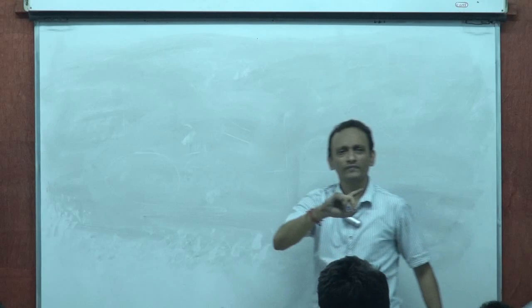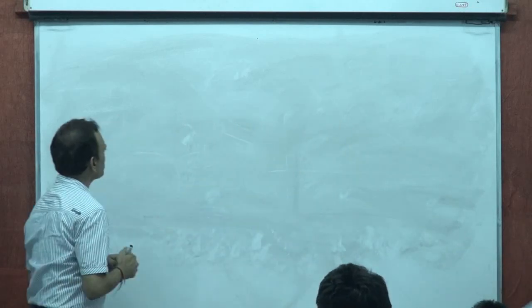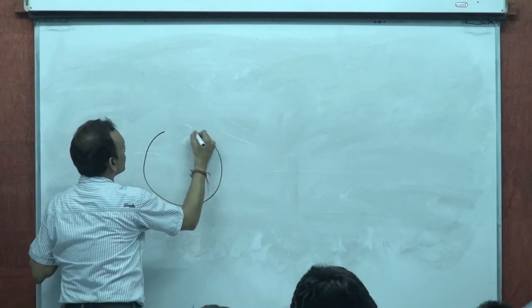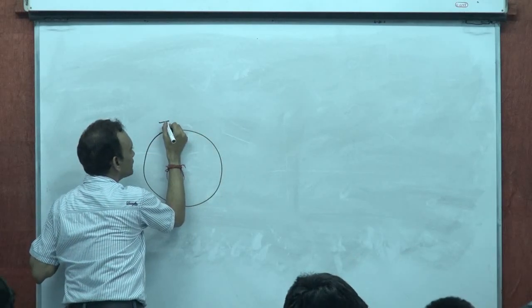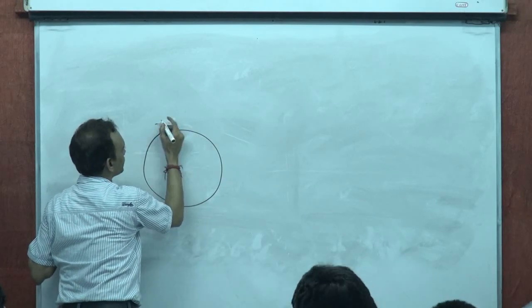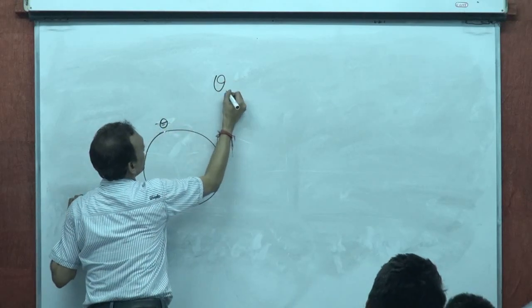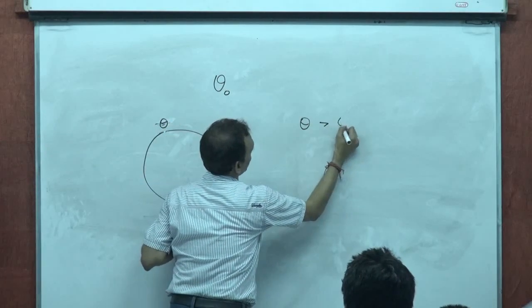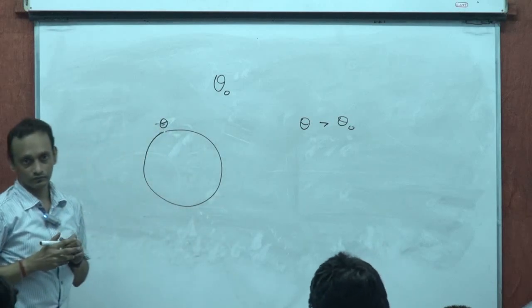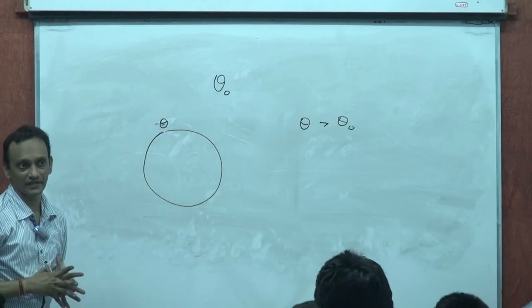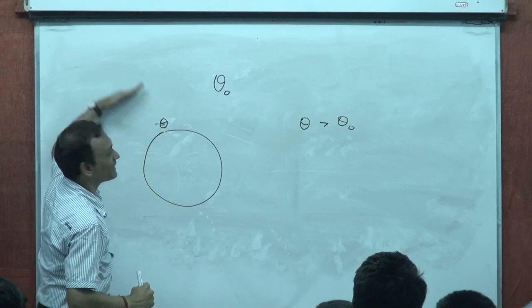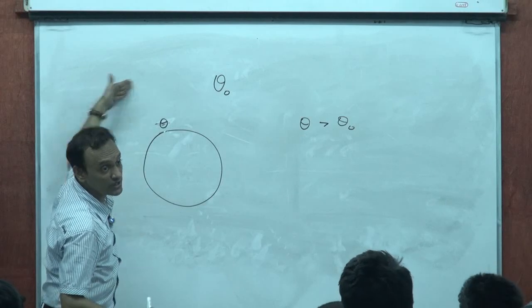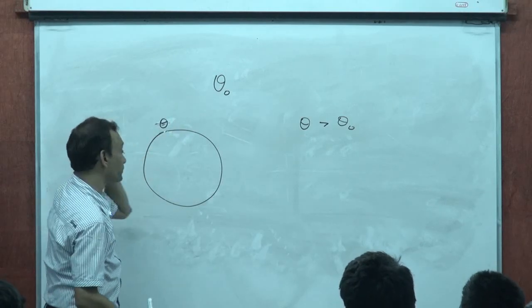But one important thing to understand is that if this is a body at temperature, say theta, and the surroundings are at temperature theta naught, and theta is greater than theta naught, then there would be simultaneous radiation and absorption, right? Emission as well as absorption would take place.